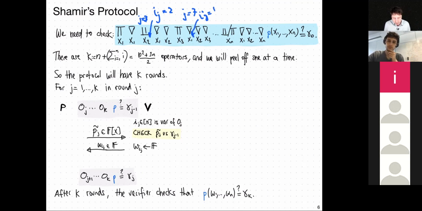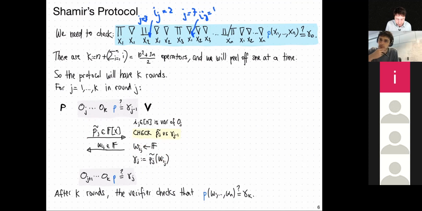In a sum check protocol, what was happening in each round is that we were taking whatever the prover was sending and checking it against the previous claim. This consistency check will depend on the operator, and we'll open that in a moment. But the point is that after we do this consistency check, we send a random field element associated to this variable i_j, take the polynomial that the prover sent, and evaluate it at the random point that we picked.